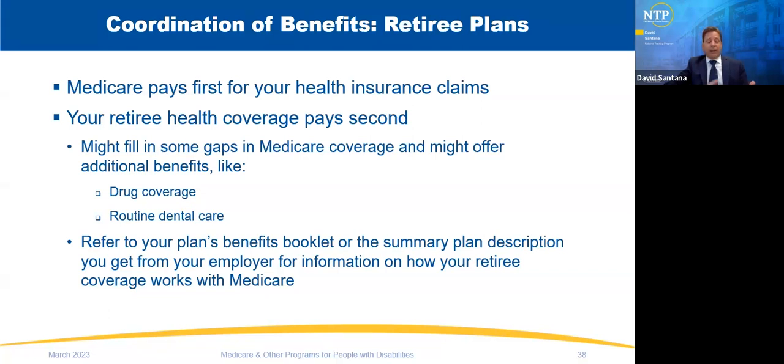And this is regardless of whether the individual is actively working, is retired, and whether the individual is working for a large or small employer. So that is the only instance, again, that you may find a retired plan paying before Medicare. That is because of the 30-month coordination period for end-stage renal disease.